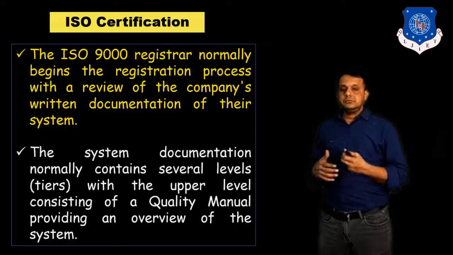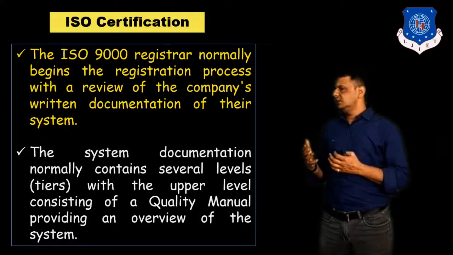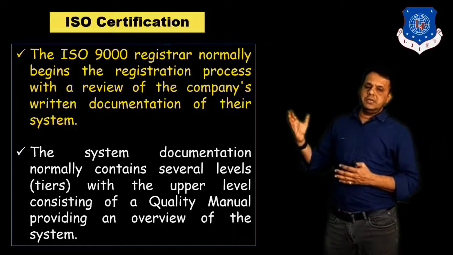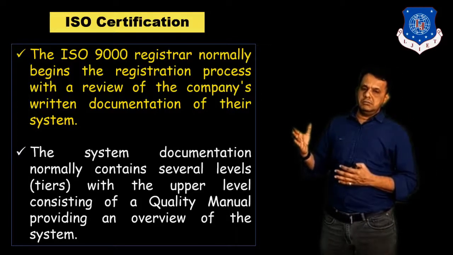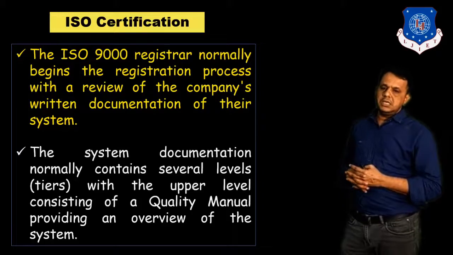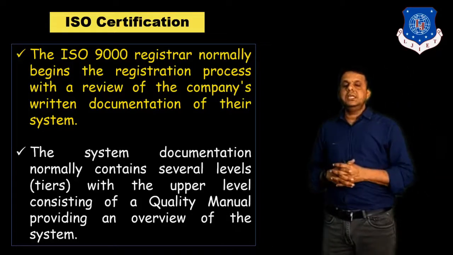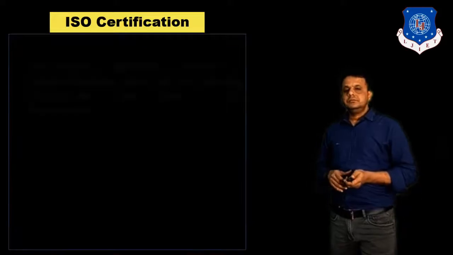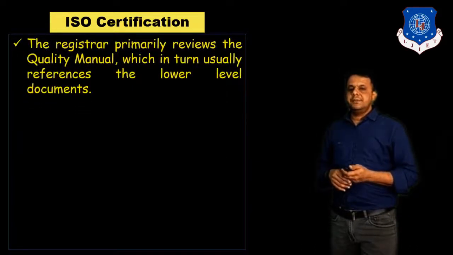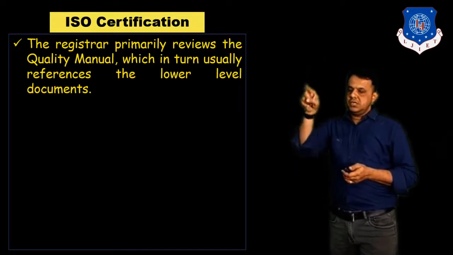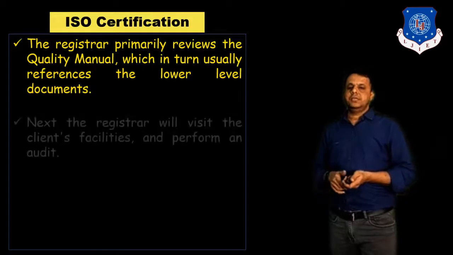System documentation normally contains several levels, with the upper level consisting of a quality manual providing an overview of the system. The registrar primarily reviews the quality manual of the company, and in turn continues to the lower levels of documentation.